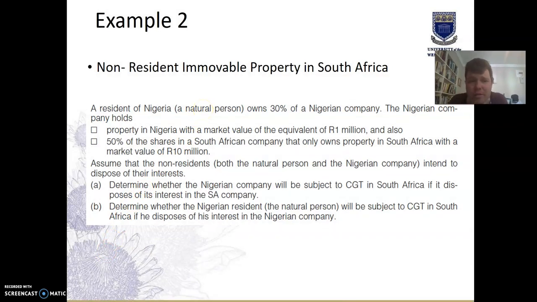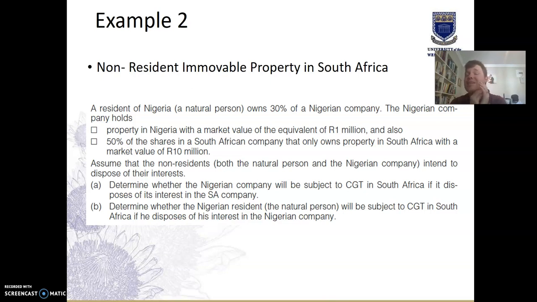A resident of Nigeria, a natural person, owns 30% of a Nigerian company. The Nigerian company holds the following: 1 million rand worth of land in Nigeria, and they also own half of the shares in a South African company whose only asset is property in South Africa worth 10 million.